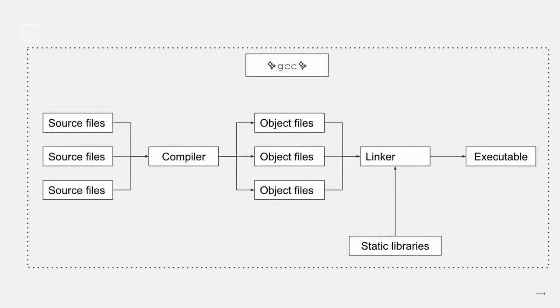We feed these into the compilation component of GCC, and out comes an intermediate representation of our source that GCC calls object files. These object files are partially assembled. There is some executable code in the object files, but any references to external dependencies are still going to be unresolved.